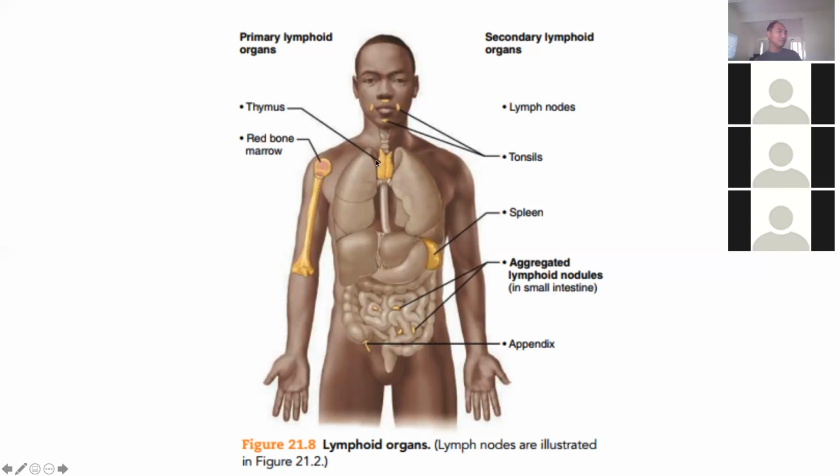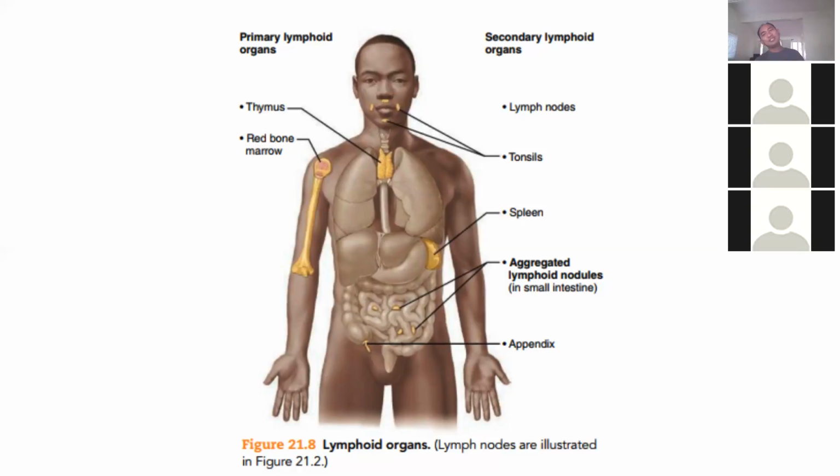Red marrow, thymus gland, our tonsils, our lymph nodes, our spleen, appendix, and some lymph nodes which are aggregated around the intestine, the intestinal lymph nodes. They are all lymphoid organs because they store lymphocytes or they generate lymphoid tissue.